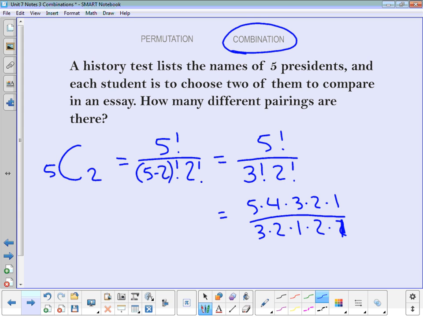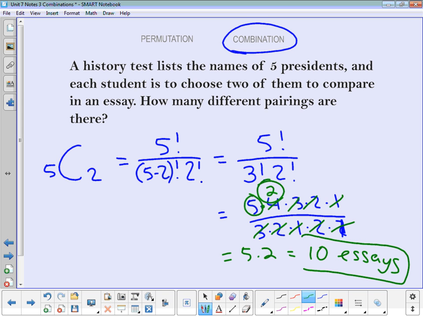There. Crossing out what I can, 3 and 3, 2 and 2, 1 and 1. That 1 doesn't matter. I'm going to divide 4 and 2. 4 divided by 2 is 2. So I'm left with 5 times 2, or 10 different essays that you could write. 10 different ways you could compare those presidents.